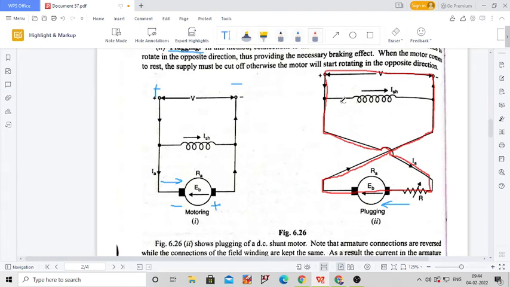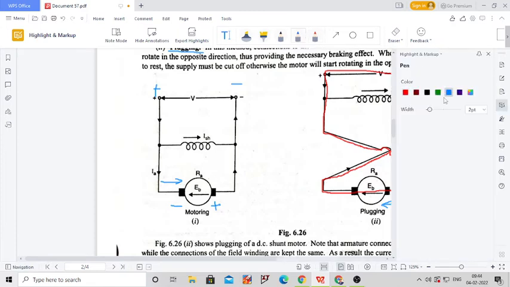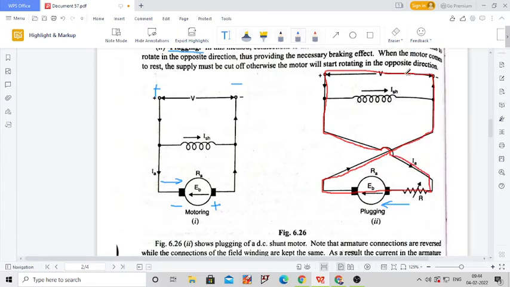So under braking condition, the terminal voltage V and back EMF EB are both in the same polarity or in the same direction. So apply KVL to this loop in this direction, indicated by the blue arrows. If we apply KVL to this loop, this is negative to positive, that becomes positive V.